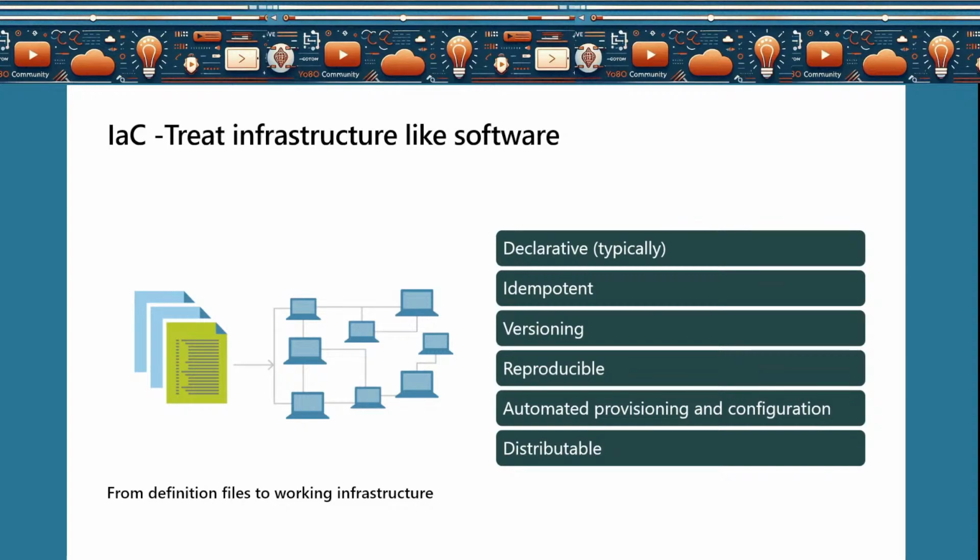What infrastructure as code provides is a declarative language. It means you don't need to understand deeply how the resource is going to be deployed on Azure, whether it's AI, a SQL database, a virtual machine, a storage account, or analytics.